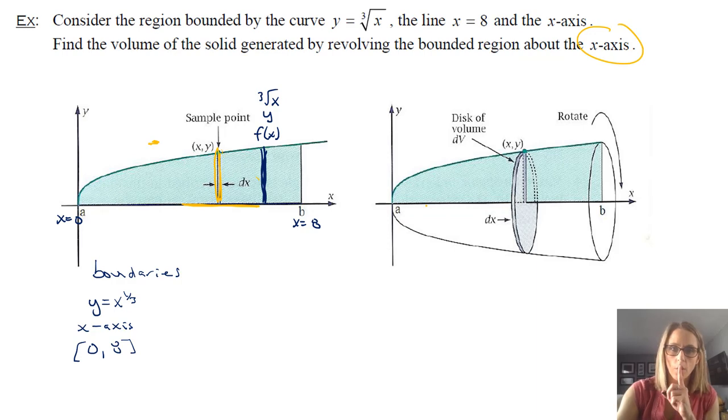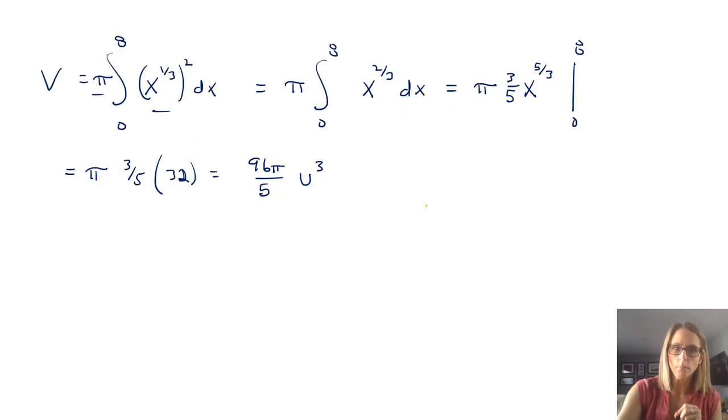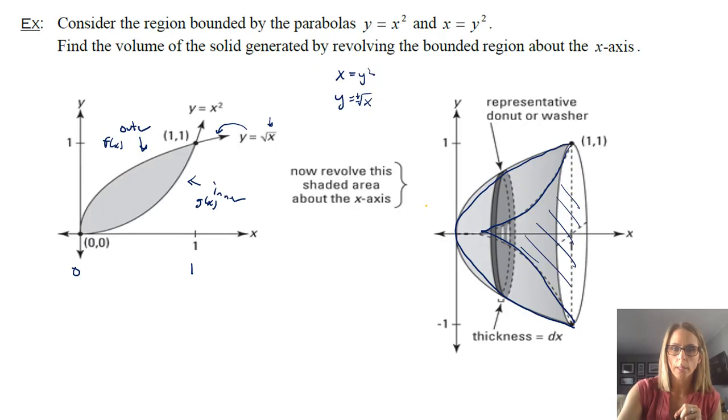Now, we could also look at maybe one more example here. In this situation, you've got your axis of rotation, which is the x-axis, the axis of revolution. This is what we're revolving around, but your cross section is perpendicular to that.